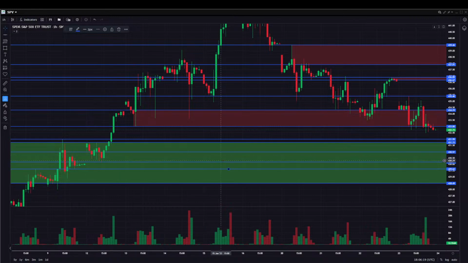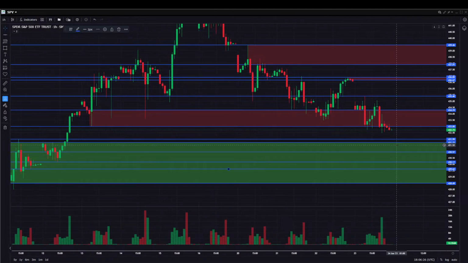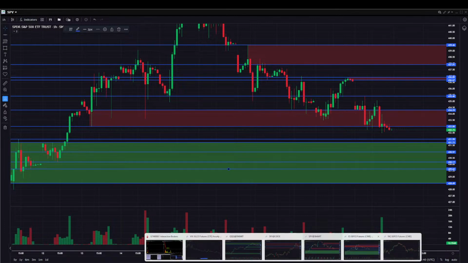So this 432, it's a nice bounce area. See how that correlates with ES.